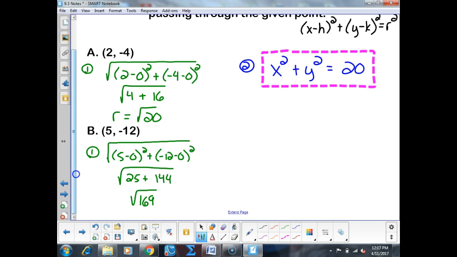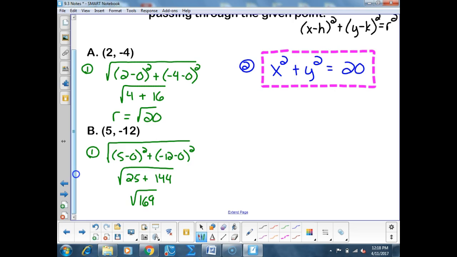Now, can I make that be 13? Yes. Do I have to make that be 13? No, because what am I going to do with that when I get to the equation? I'm going to square it. So there's no point, just like back here with the square root of 20, there's really no point in simplifying that radical because you just got to square it to put it into the formula.